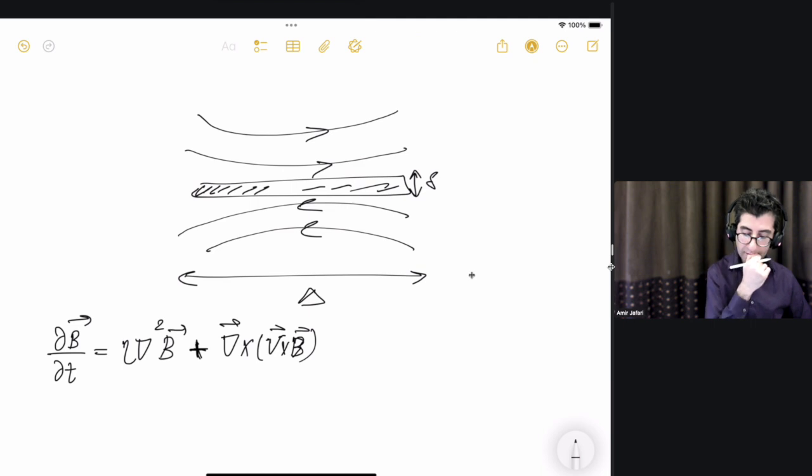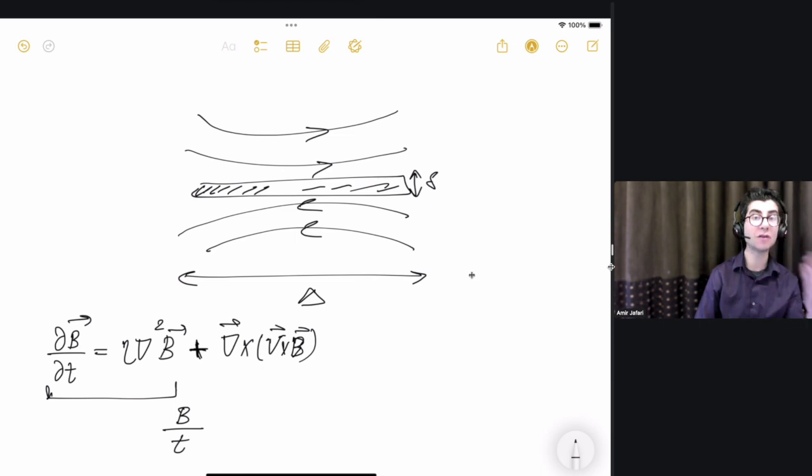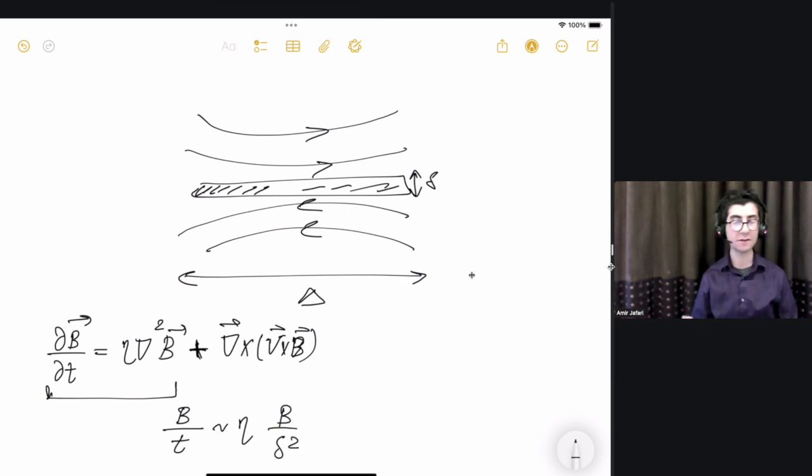Okay, so if you are talking about the diffusion of magnetic field, these two terms are important if you are trying to get a time scale for diffusion, the resistive time scale, so to speak. So from here you can say B over T, order of magnitude estimate, is eta B over delta squared. The Laplacian of the magnetic field means a second order derivative with respect to space, and the magnetic field changes here on a scale little delta. So the Laplacian would translate into B over delta squared.